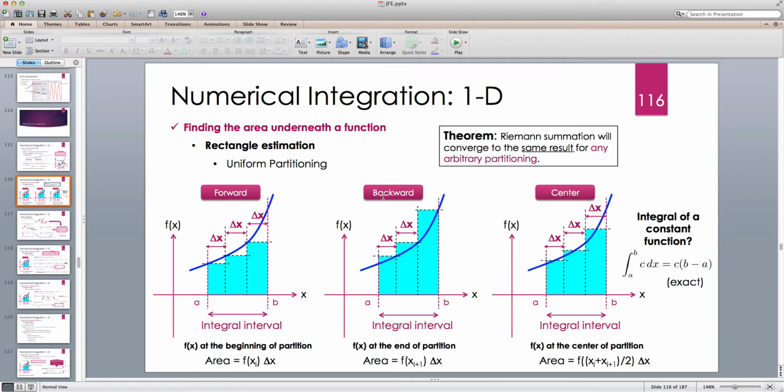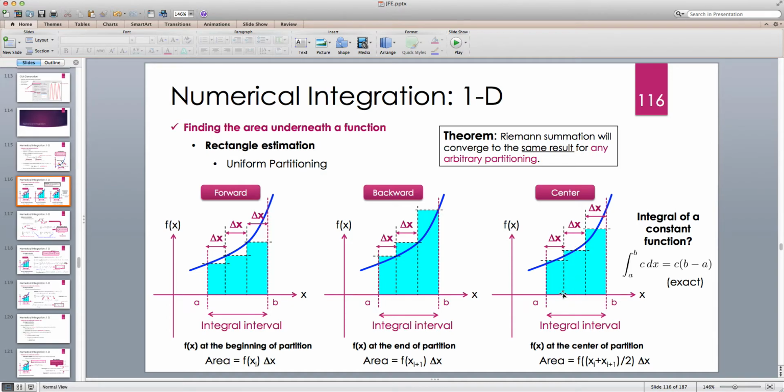The other case is backward integration, which in the ODE language is called the backward Euler method, which I'm not going to discuss because it's very similar to the forward method. But then we said that there is another way, the center method, or the midpoint method. Here we approximate the area by taking the value of the function at the midpoint of the interval.